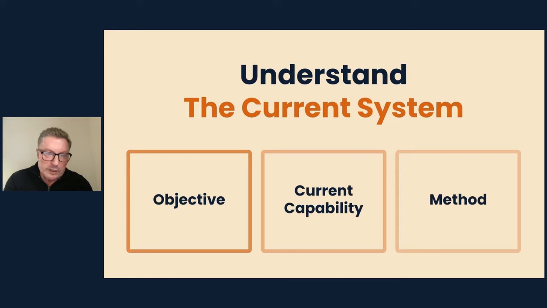So in other words, the objective and the method by which it was done actually made the system worse because there was a misunderstanding as to how the system works today. So in understanding the current system and setting objectives, the first thing we have to do is study the system. So studying the system allows you to set your objectives.